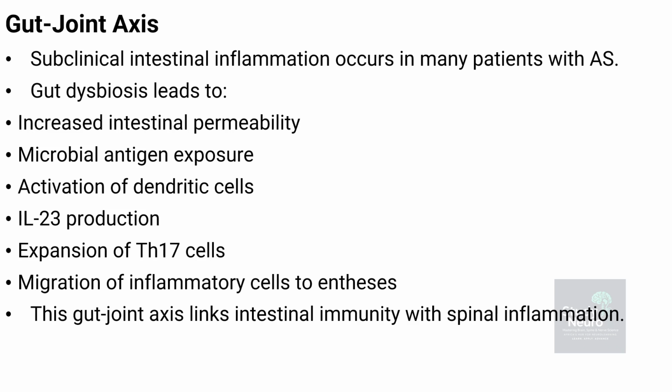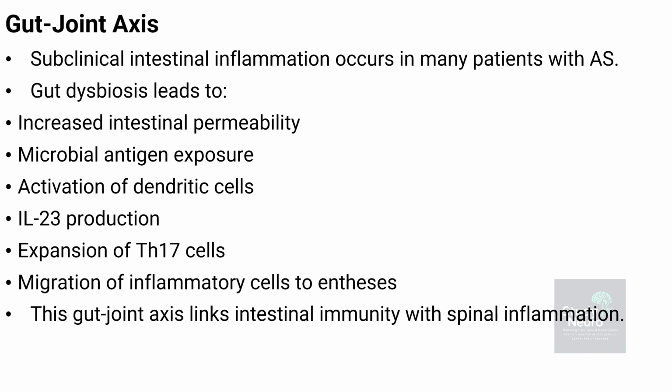The gut-joint axis describes the close connection between the immune system in the intestine and inflammation in the spine and joints. This link is increasingly recognized. Many people with ankylosing spondylitis have silent intestinal inflammation even when they do not have digestive symptoms.